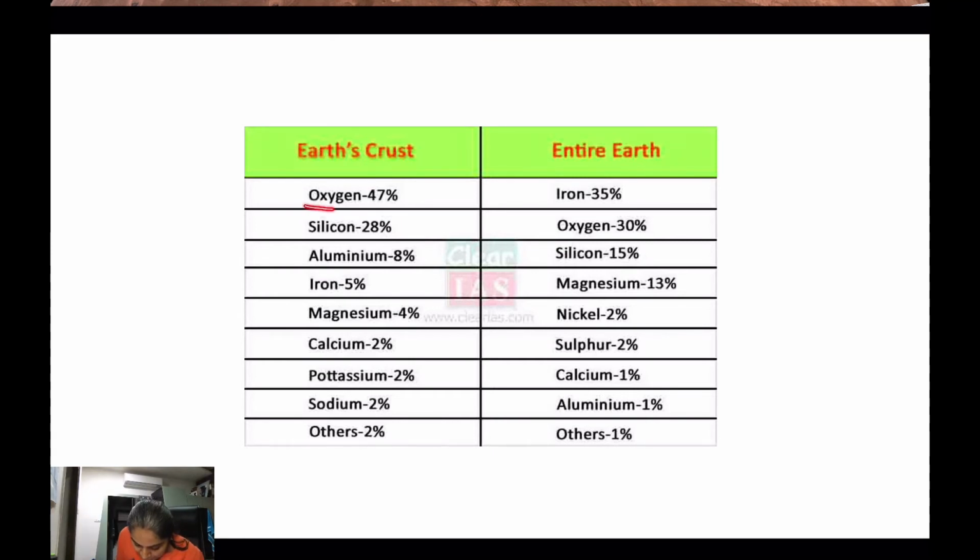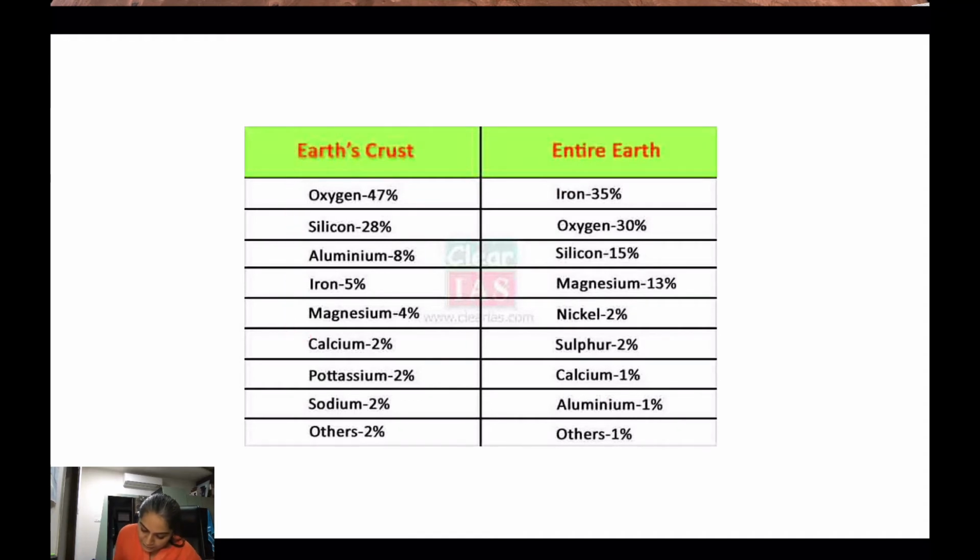On the Earth's crust, oxygen is the most abundant, and then comes silica. So 47% and 28%. I don't think we need to remember the exact numbers, but first is oxygen, then silicon, then aluminium, then iron, and then magnesium. The order of these five is what we need to remember.